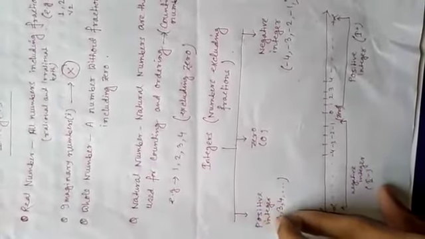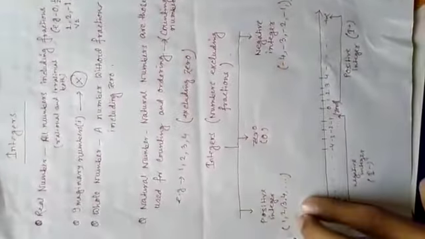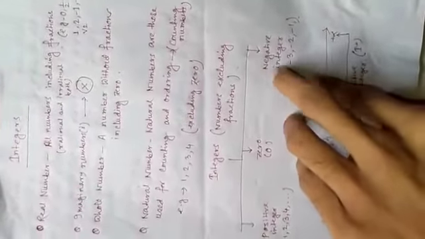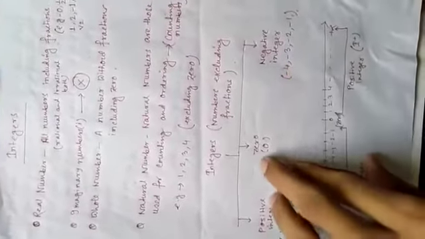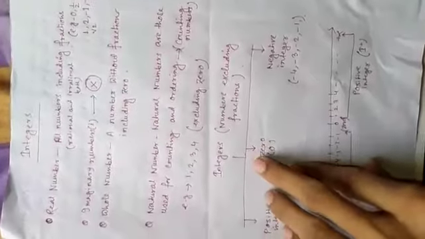And now what is integer? Integers are the numbers excluding fractions. So we can classify them into 3 categories: one is positive integer, one is 0 and one is negative integer. Examples: 1, 2, 3, 4 are positive integers. Minus 4, minus 3, minus 2, minus 1 are negative integers. Okay, and 0 is also an integer. It is a non-positive, non-negative integer.